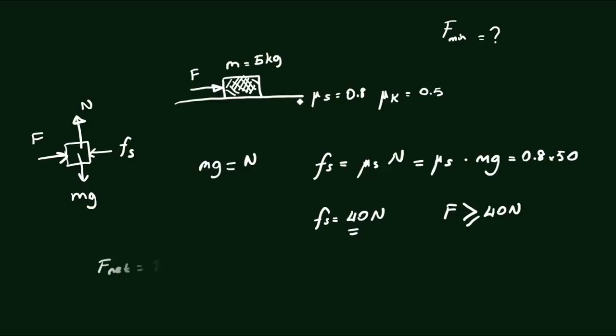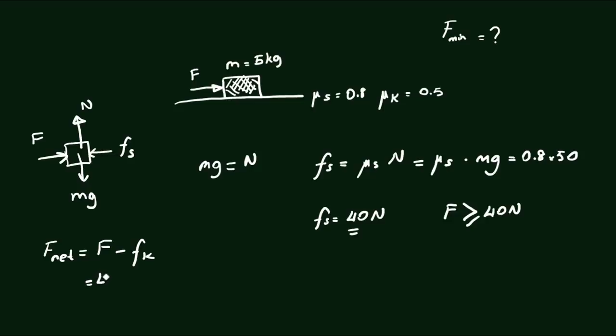How does it accelerate? All right, let's write down the net force now, F net. The motion is along a horizontal direction, so the net force will be along the horizontal direction. We have F force towards the right minus the friction force towards the left. But now that the object started moving, we have the kinetic friction force acting towards the left. All right, so that's our net force, which is what?